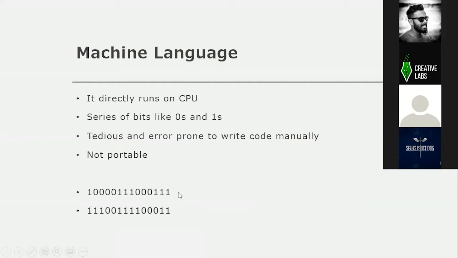These are called bytes, or binary numbers. This is what only the computer understands. Whatever programming language or code or program we write, it will always be converted into this format, and only then will the machine understand it.